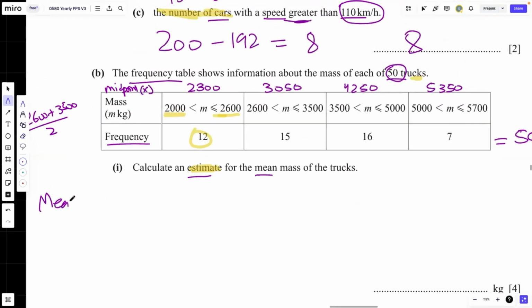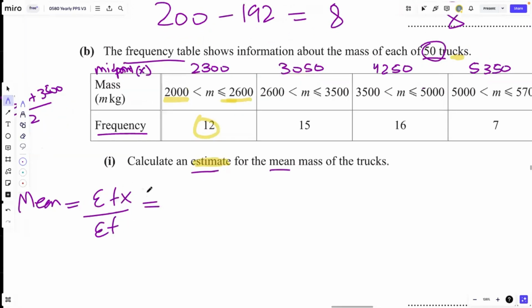We need to know the formula for mean. In our range table data, this is a range table data, it's just sum of fx divided by sum of f. Sum of fx is just f into x. So that's this frequency multiplied with x, which is this.